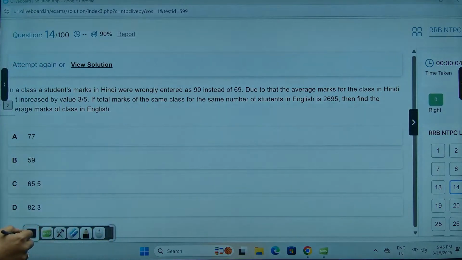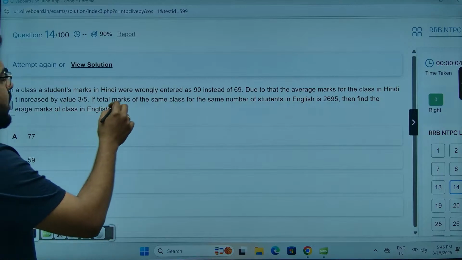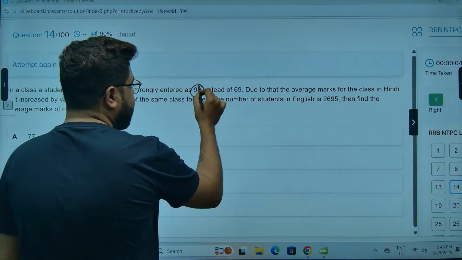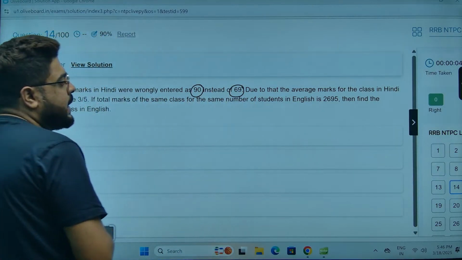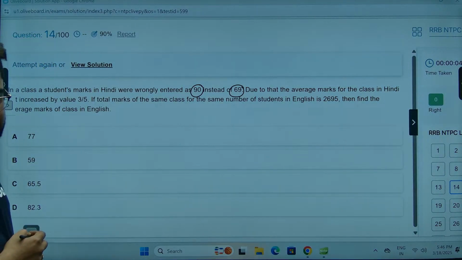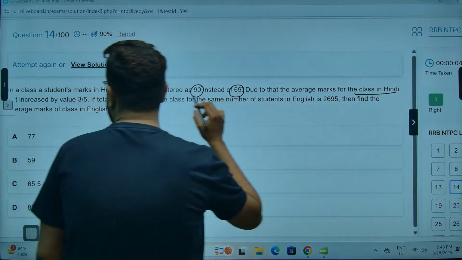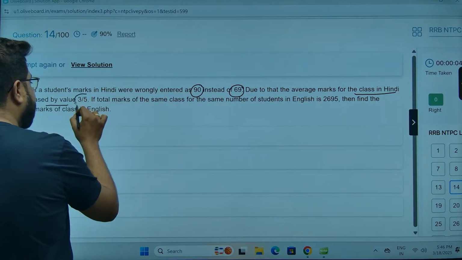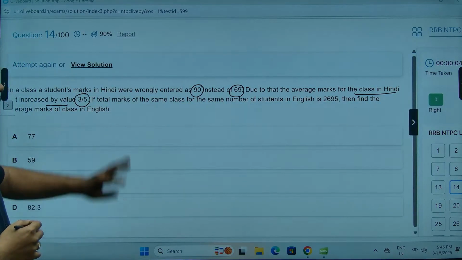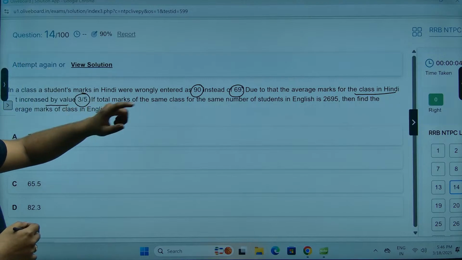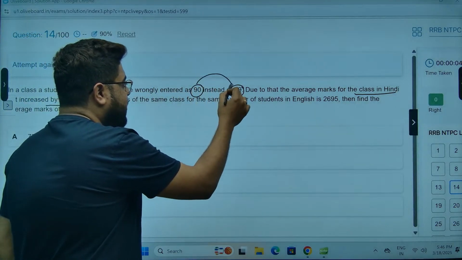In a class, marks of Hindi were wrongly entered as 90 instead of 69. Due to that, the average marks for the class in Hindi has increased by 3 by 5. So the average has increased because of this particular error.